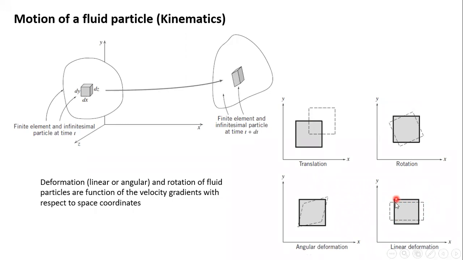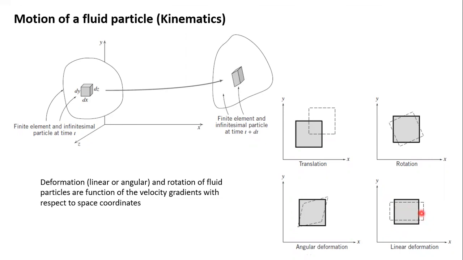the fluid particle, its original shape is the shape that is shaded. After a certain time, we see that the fluid particle has elongated.